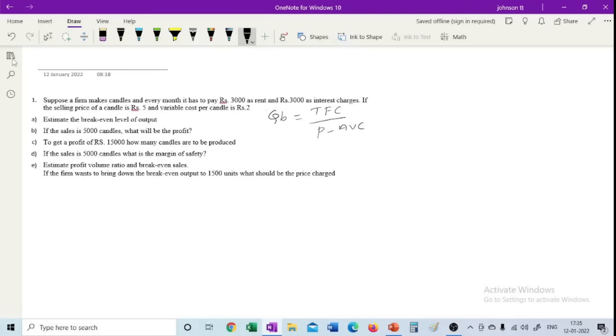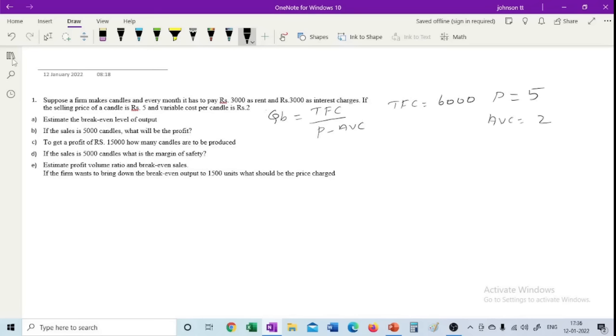From the question we can understand that TFC is the rent and interest payment. They are the total fixed cost. So 3000 plus 3000, so TFC is equal to 6000, P is equal to 5, and AVC is equal to 2.